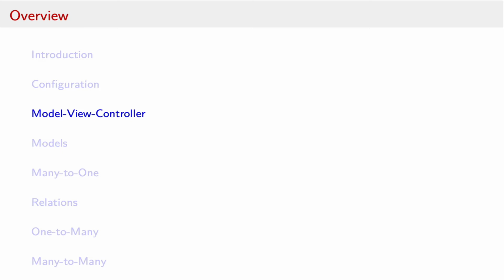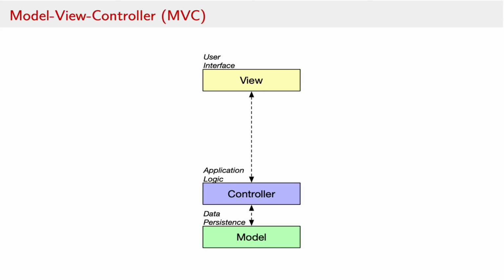Before we delve into objection models, I wanted to spend a little bit of time talking about the model view controller pattern. Some of you are probably already familiar with this or have at least heard of it, but I just want to make sure that everybody's on the same page. This is what's known as a design pattern. It's a pattern for creating software that follows certain conventions and uses certain terminology and provides us a way to communicate about what sort of application we're putting together.